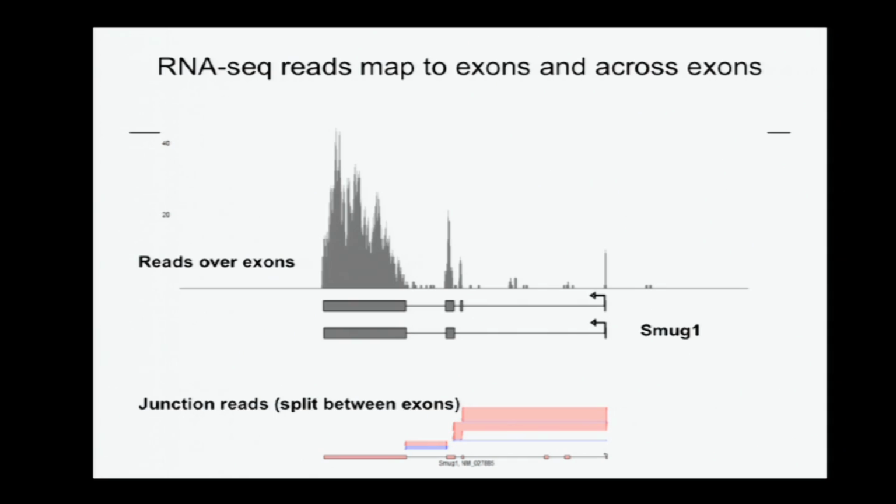The other thing that we see, which is very important, is we see reads that are split across exons. Because the splicing event has occurred, the RNA molecule is a contiguous sequence of a collection of exons, and sometimes we'll get a read that spans an exon-exon boundary.